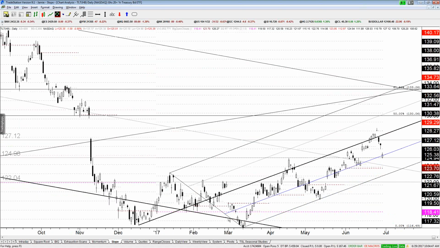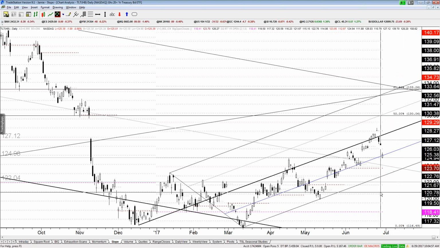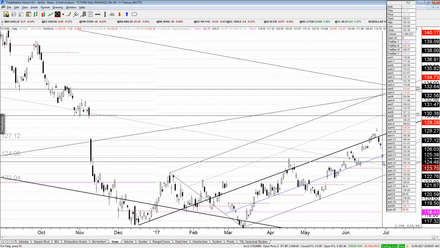And this parallel has been really good support for TLT. So again, remember what this is, right? This is the bond ETF. And, as this goes down, it means interest rates are going higher. Okay, so it would make sense for today to be a pivot and get support in the bonds, which is really the main driver in dollar yen.